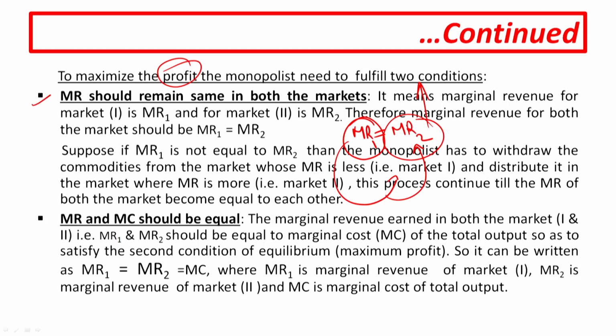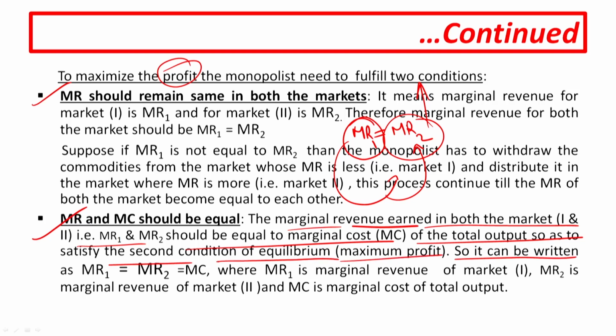The second condition is that marginal revenue and marginal cost should be equal. That means marginal revenue earned in both markets, that is MR1, MR2, should be equal to the marginal cost of the total output so as to satisfy the second condition of equilibrium, that is maximum profit.